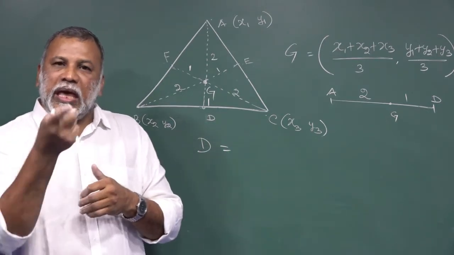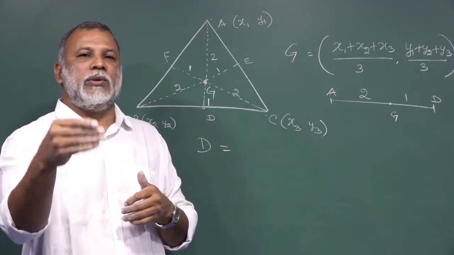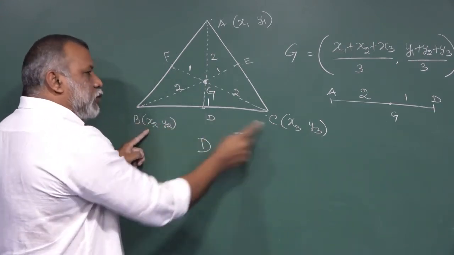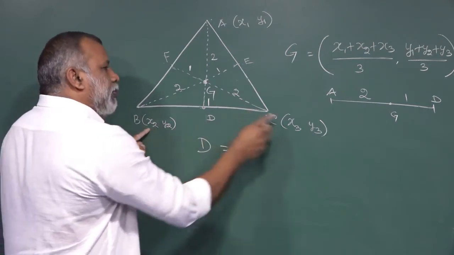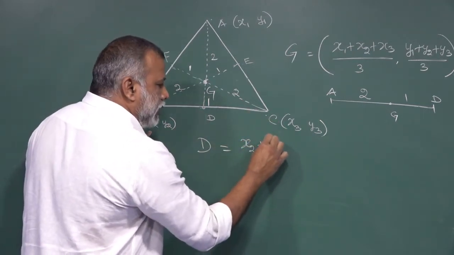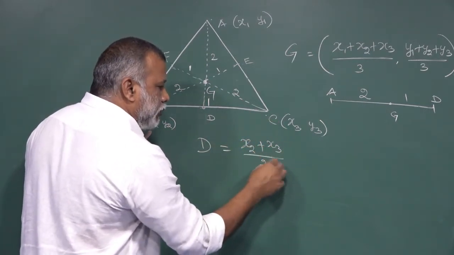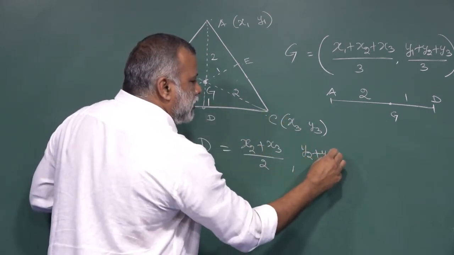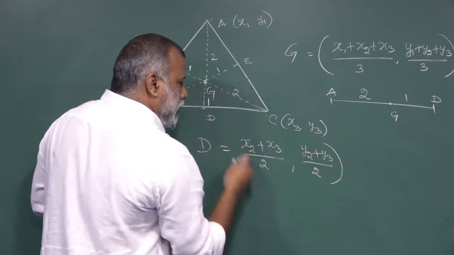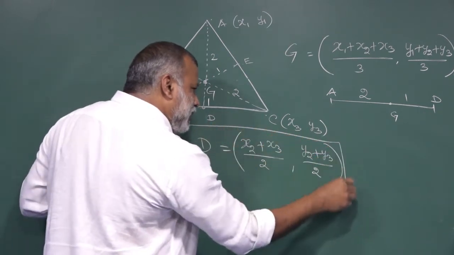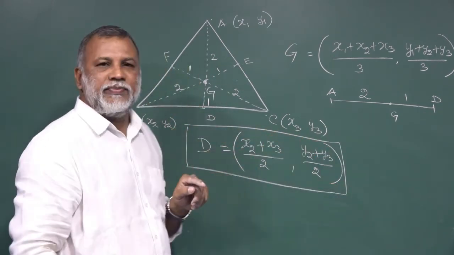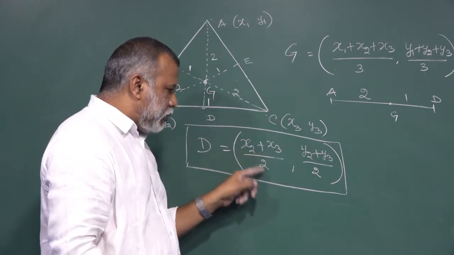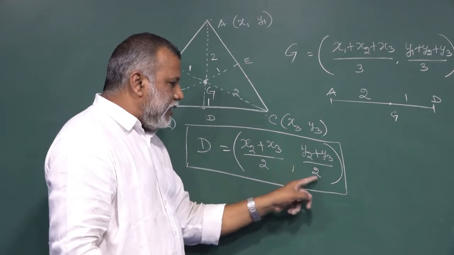The formula is (x1 plus x2) by 2, comma, (y1 plus y2) by 2. Here we have two different data points, so (x2 plus x3) by 2, comma, (y2 plus y3) by 2. So dear students, this is the coordinates of D.